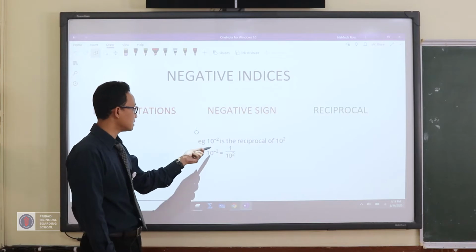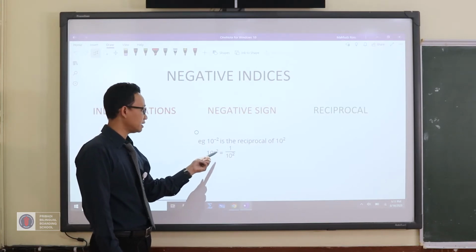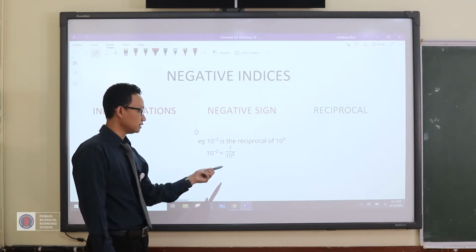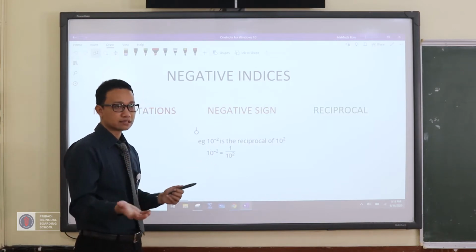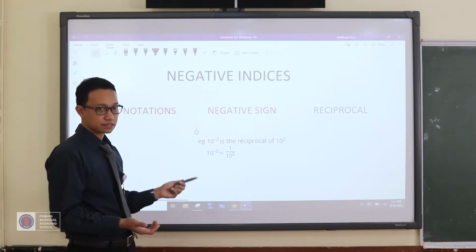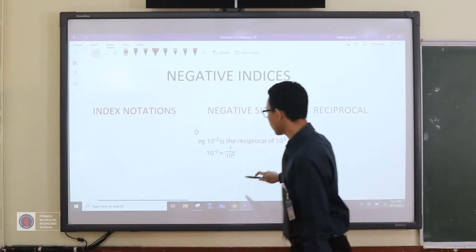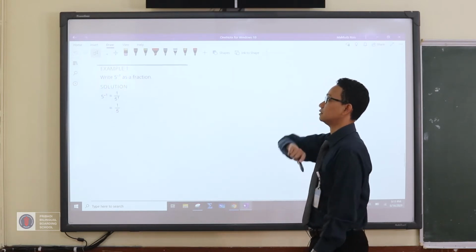So this is the index notation with a negative sign, and then we rewrite it as the reciprocal, 1 over 10 squared. So you should rewrite it as a positive index. All right.